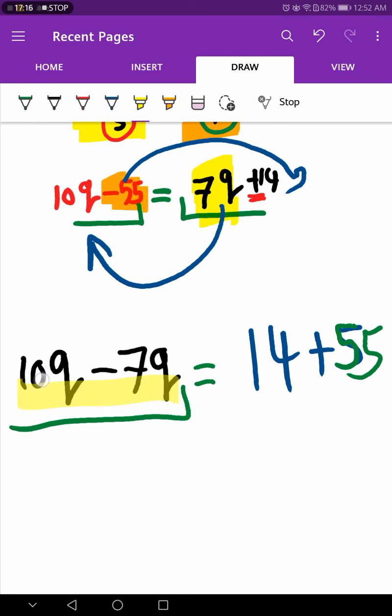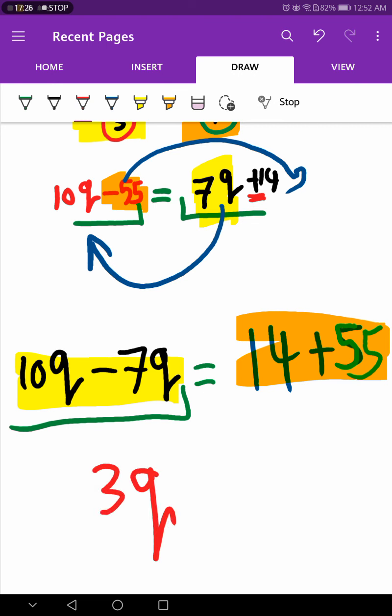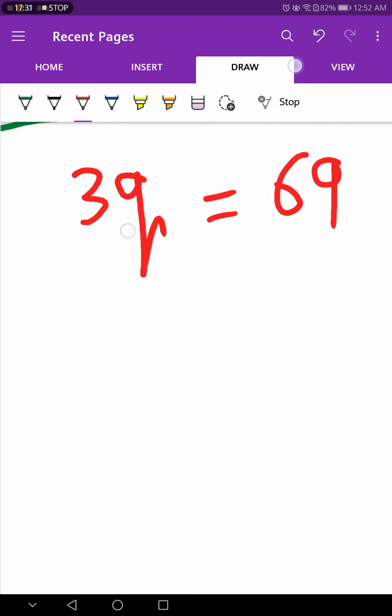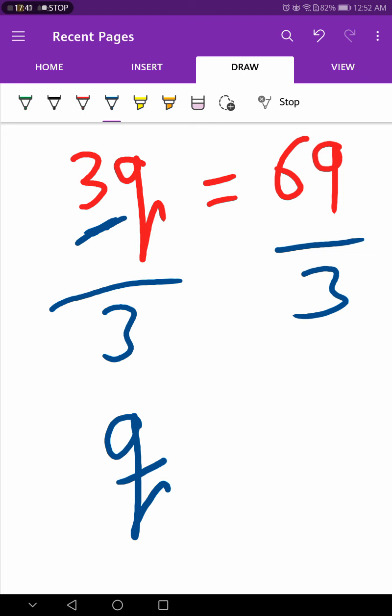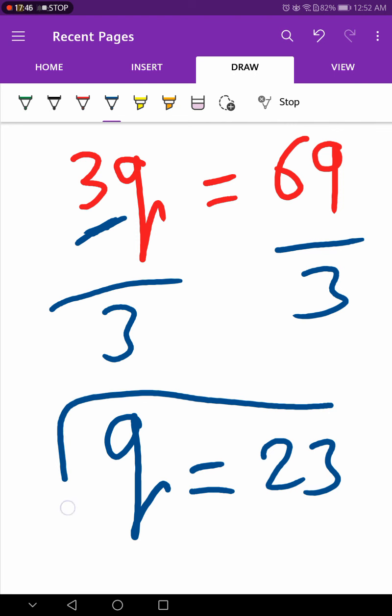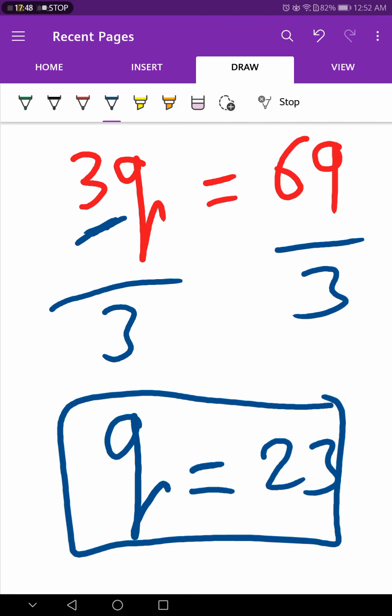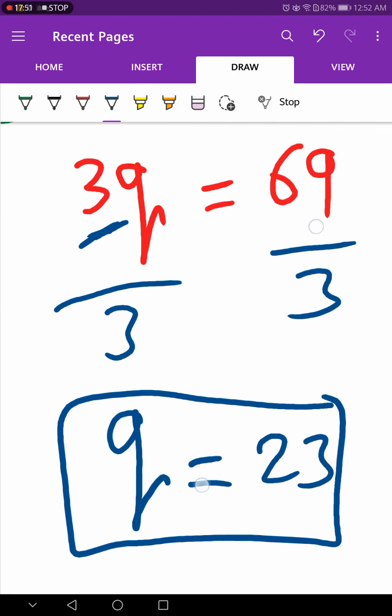Now, this is the left and this is the right. So 10Q minus 7Q equal 3Q. Q equal 69. And divide by 3, divide by the coefficient, which is 3. Q equal 23. Teacher, so we get the same answer as before, yes?